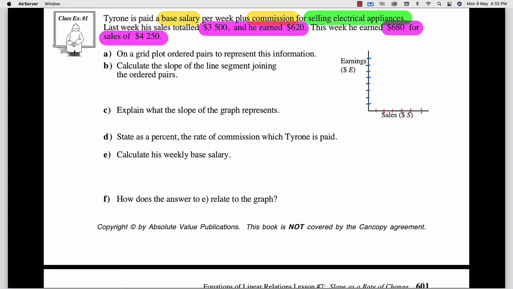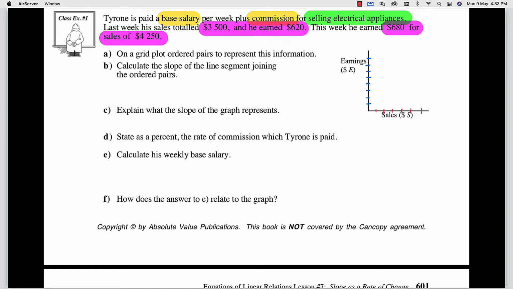Now, there are no lines, and none of these numbers are going to land exactly on these points. So I'm just going to approximate where they are. So the first one is 620. So remember that each one along the bottom was going to be per $1,000.